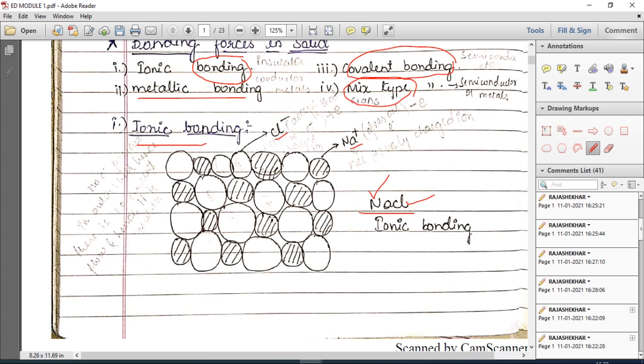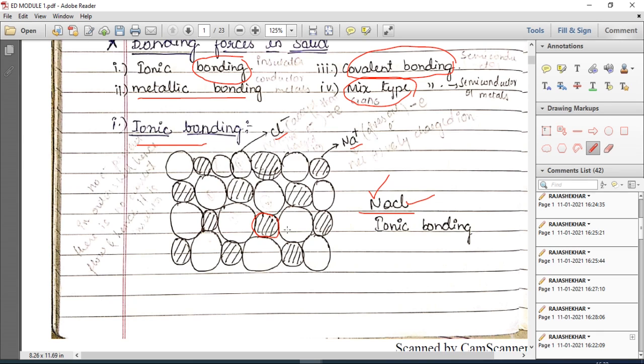If I suppose this is a sodium atom, this Na atom is surrounded with 4 chlorine atoms: 1, 2, 3 and 4. So actually it has 6 nearest chlorine atoms.